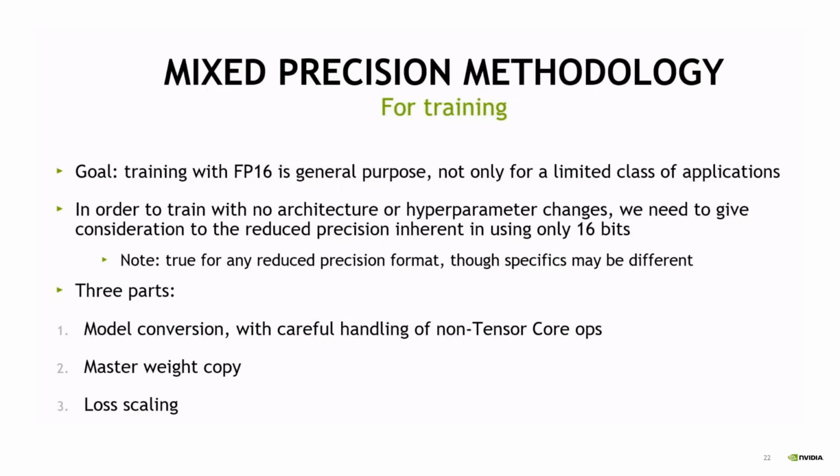FP16 does not have so many bits, and when we train in mixed precision there are two big parts to think about. First, the model conversion, where we have to worry about non-native TensorCores operations. And second, steps 2 and 3, which we will combine together. These steps are about how to handle computation of gradients and using of gradients to take each optimizer step.